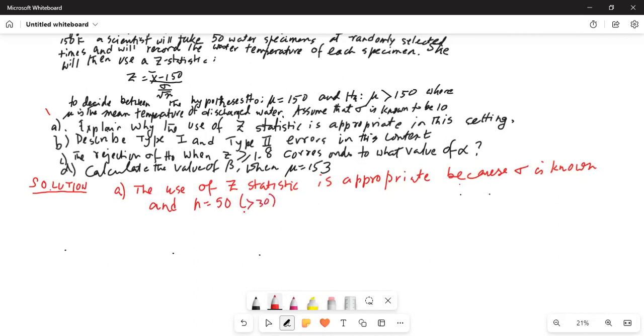Okay. Then in part B, describe type 1 and type 2 errors.